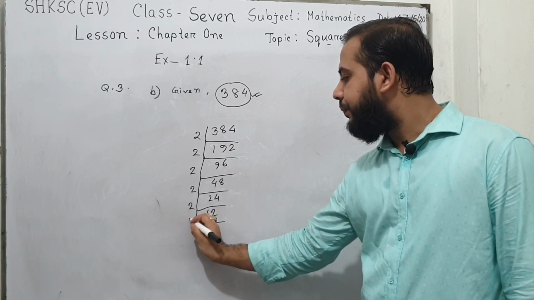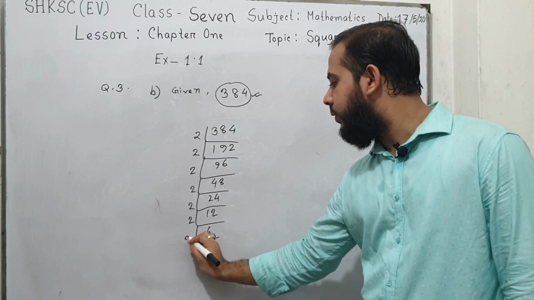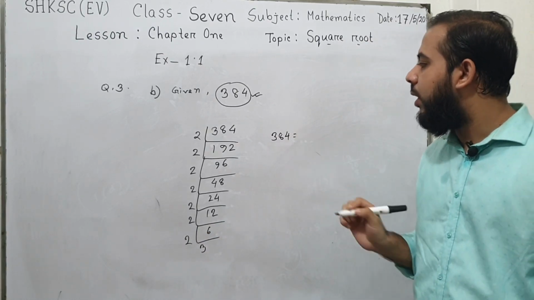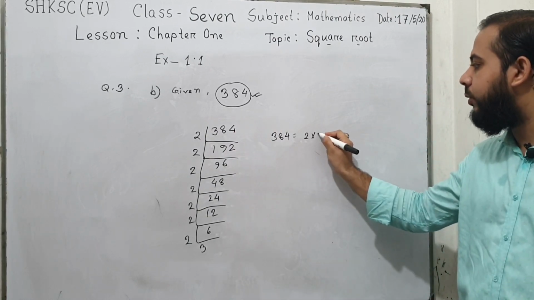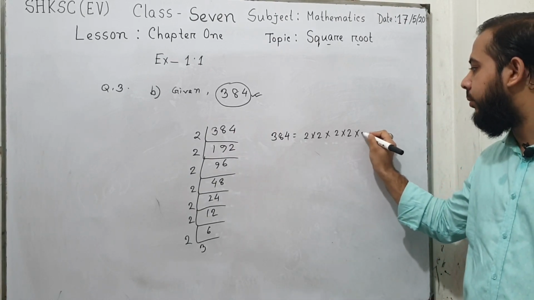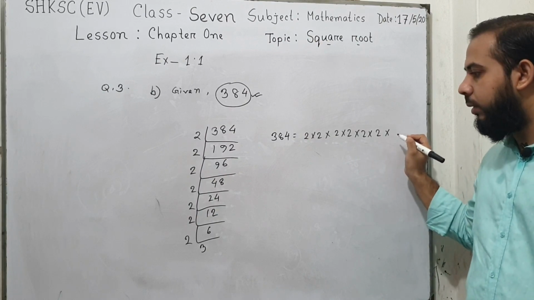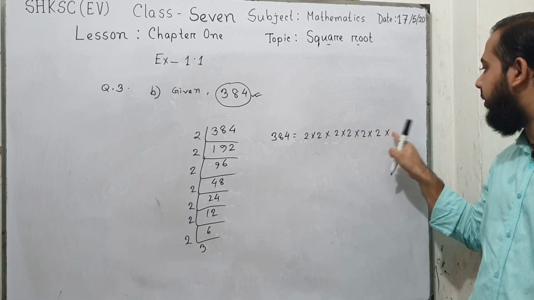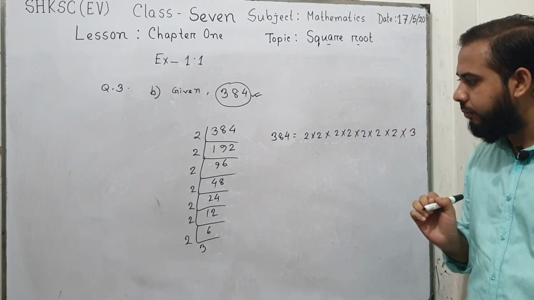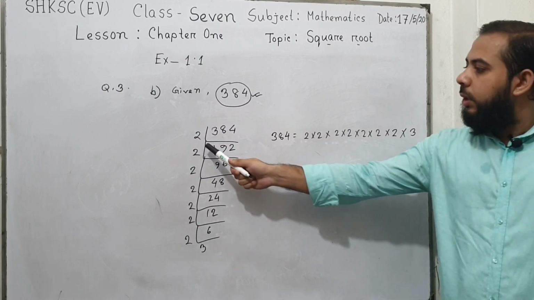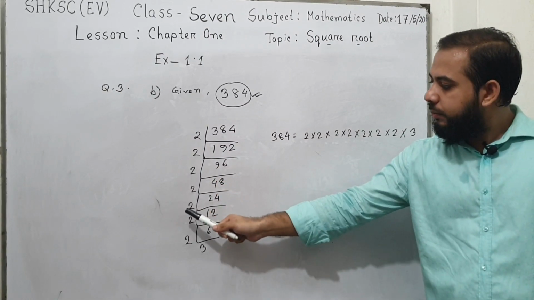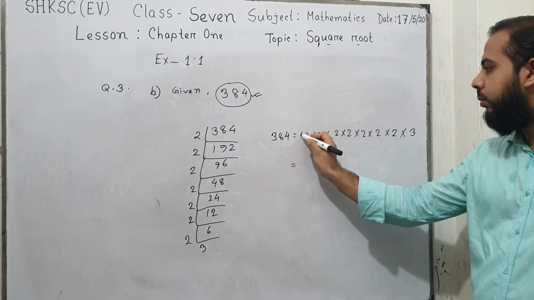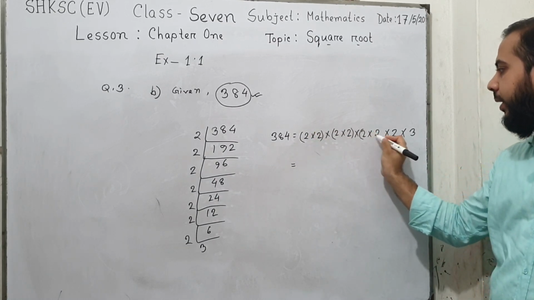Okay, now see, if we write this number as a product of these numbers, that is 2 times 2 times 2 times 2 times 2 times 2 times 2, that is seven 2s, and 3. All right, if we multiply all these numbers, we will get 384. Now try to make pairs. How many pairs can we make?